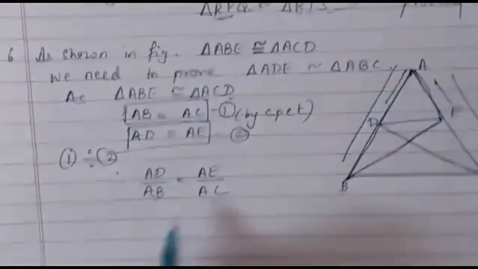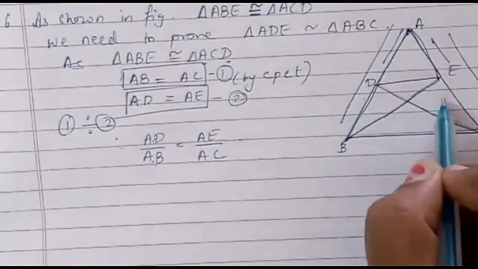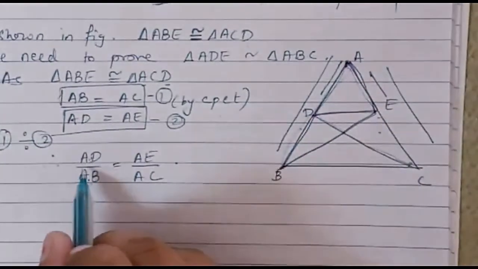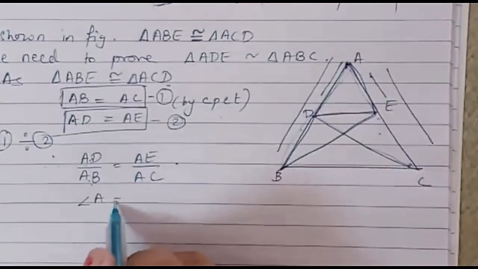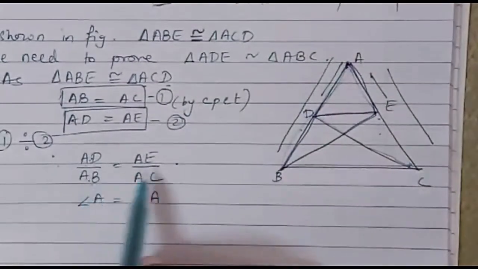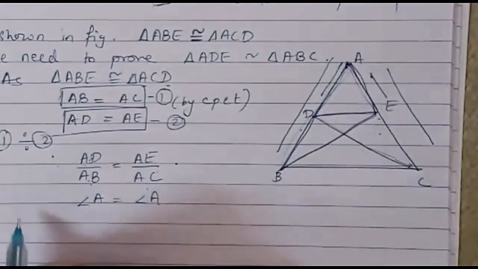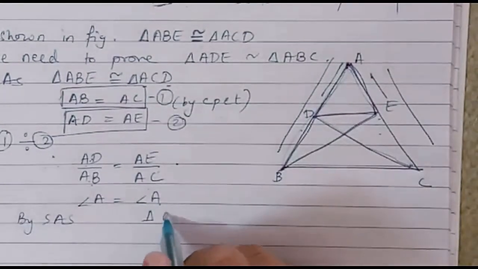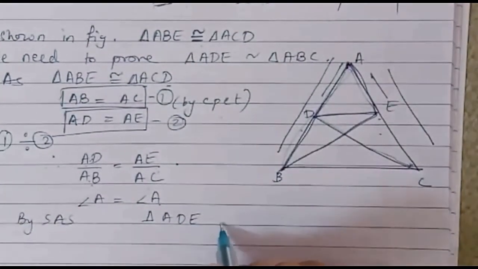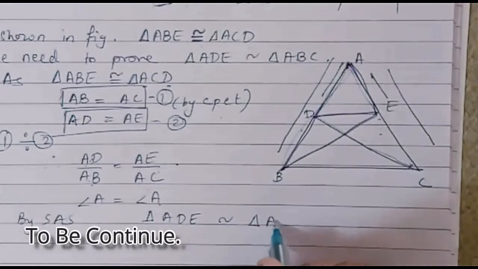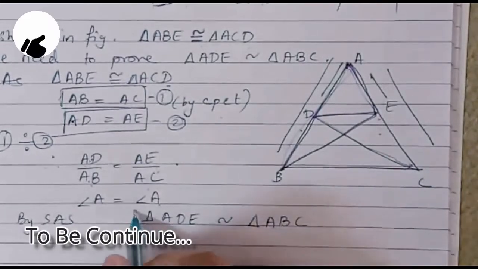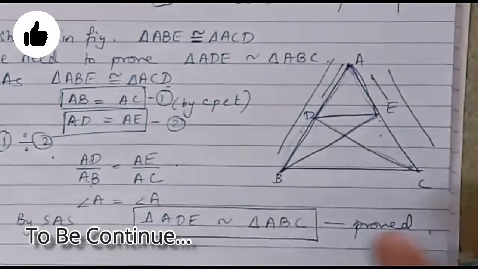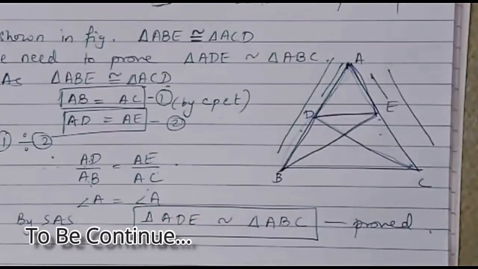Now if you see this kind of ratio in triangle ADE and ABC, and also we have the common angle A to be equal, right? So these two are the sides and this is the common angle. So by SAS result, it is proved that triangle ADE is similar to triangle ABC, and hence the result is proved. And in the same way you can prove many more such results.